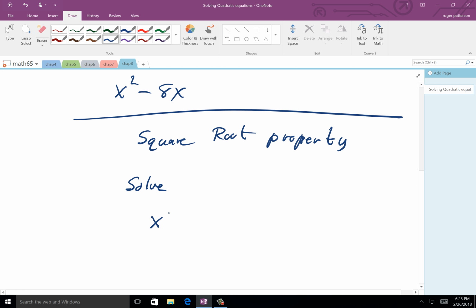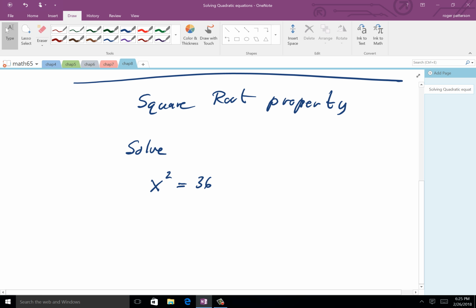So if we have x squared equals 36, obviously what we would do there is do the opposite of a square, which we just got done doing a whole bunch of, the last couple of weeks anyway. What's the opposite or the inverse of a square? Square root.